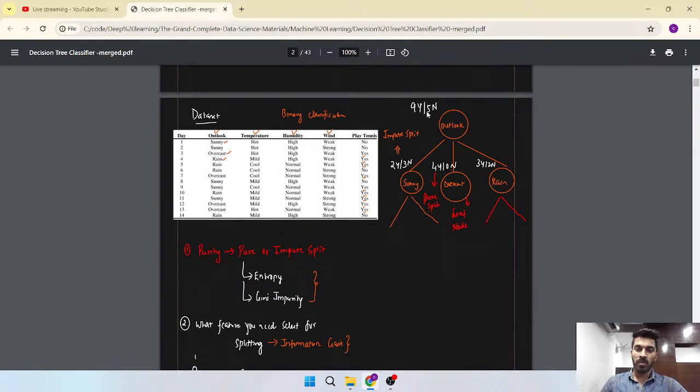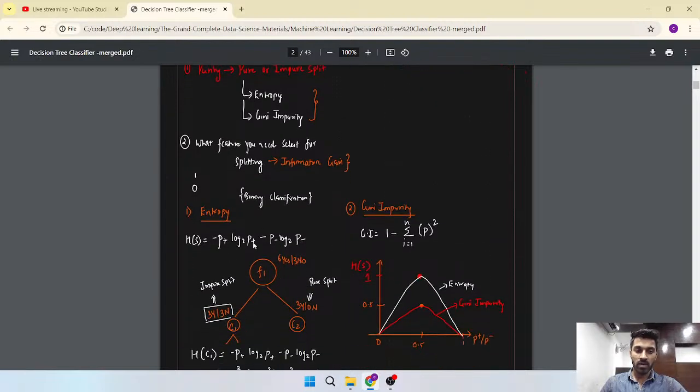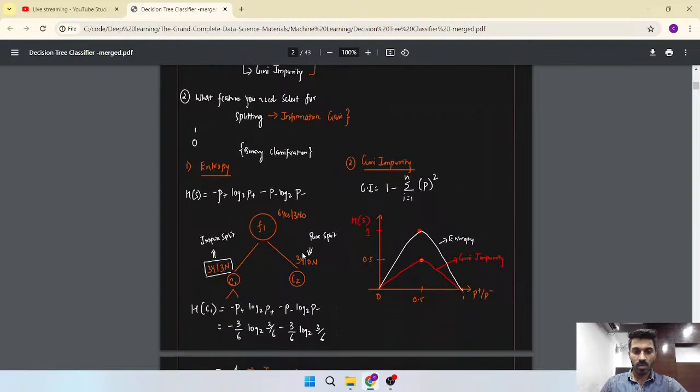Suppose you have divided this data by outlook, then you have to find the entropy. To find the entropy, this is the formula.